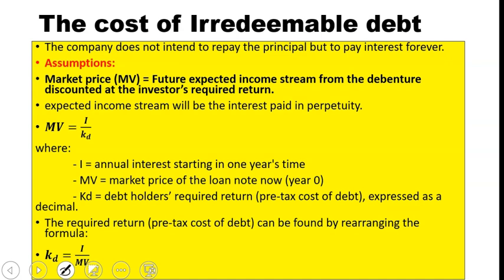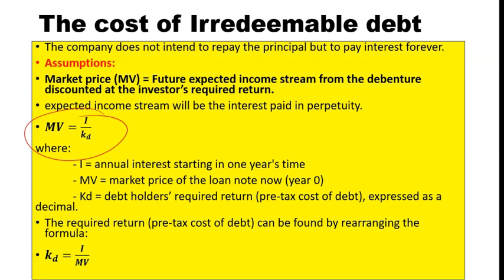So the assumptions are that the market price, that is the market value, is equal to the future expected income stream from the debenture discounted at the investor's required return, and we have already shown you that MV is equal to interest payment over KD, where I is the annual interest starting in 1 year's time, and MV is the market price of the loan note now, that is year 0, and KD is the debt holder's required return, the pre-tax cost of debt expressed as a decimal.